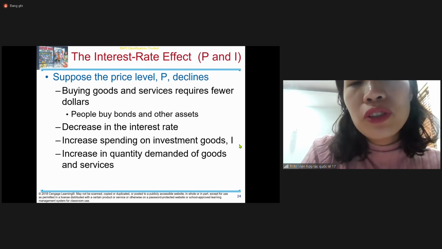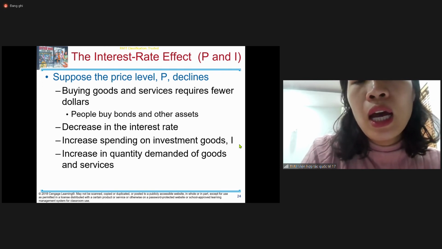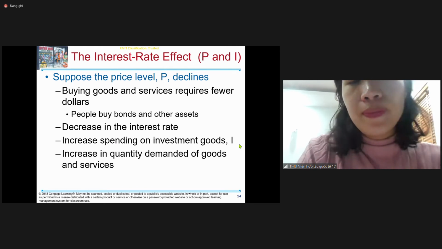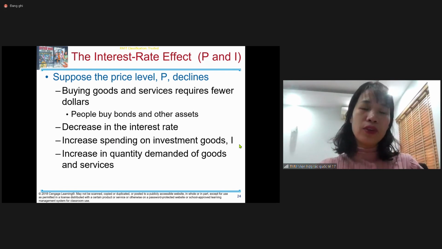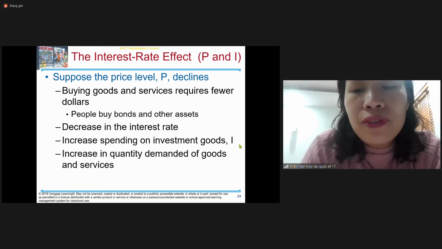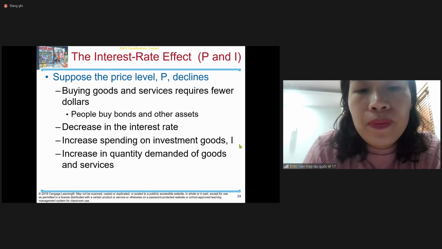And if you have more to save, that means you have more money to buy bonds and other assets. Okay, and if you buy more bonds and other assets, then the demand for bonds and other assets increases. Okay, and then it would decrease the interest rate. It would increase the spending on investment and increase the quantity demanded for goods and services as well.